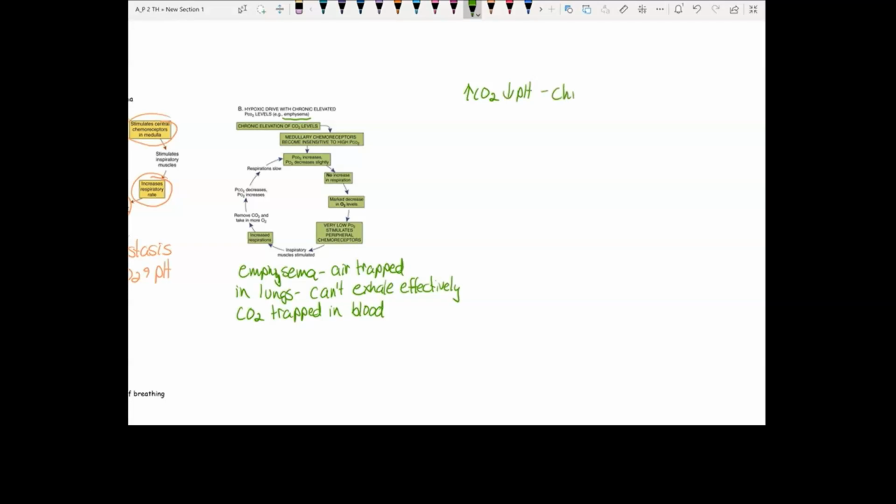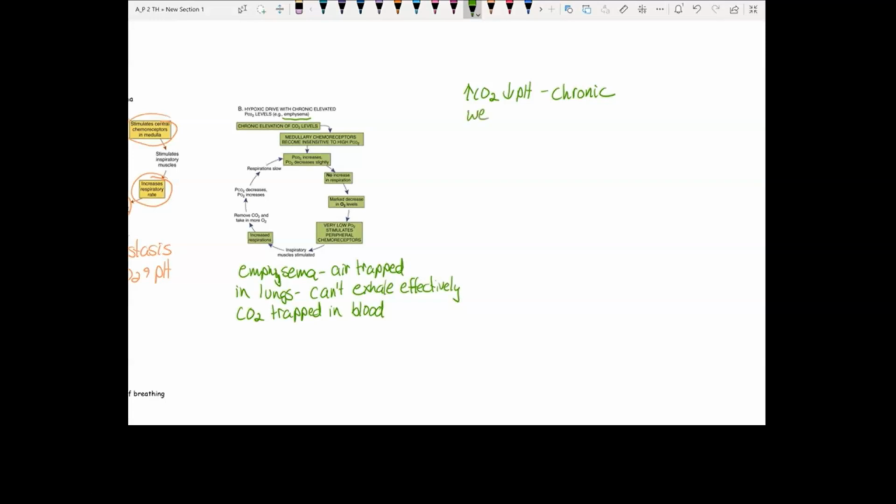And this is chronic, right? You can't exhale, you can't get that carbon dioxide out, it's just trapped, and you just always have high carbon dioxide and low pH. Okay, with this situation, think back about type 2 diabetes, how you wore out your receptors with the high insulin. The same thing happens.